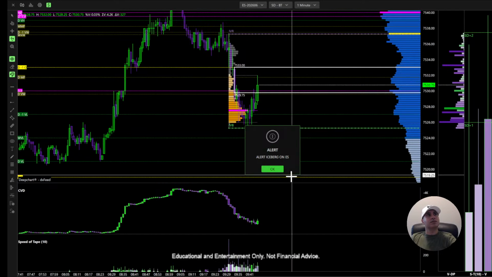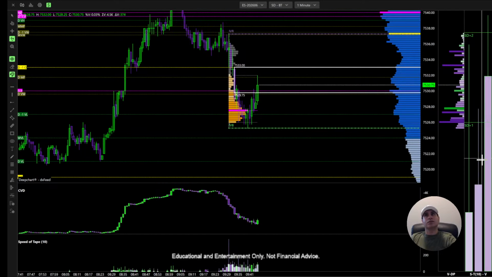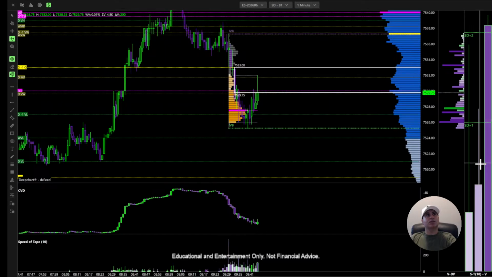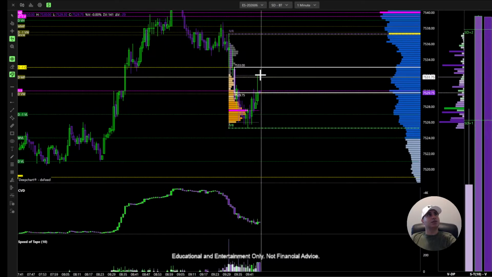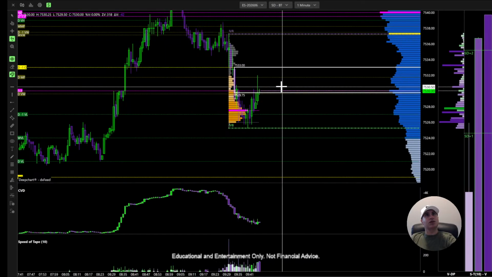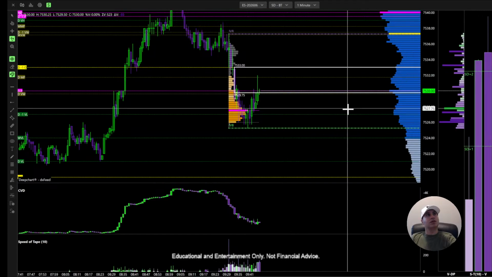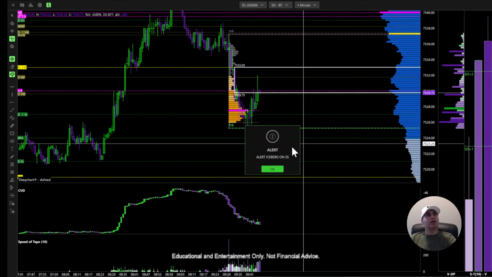Alert iceberg on ES. We got iceberg on buyer side. Sellers are protecting this low volume node. Alert iceberg on ES, another iceberg.